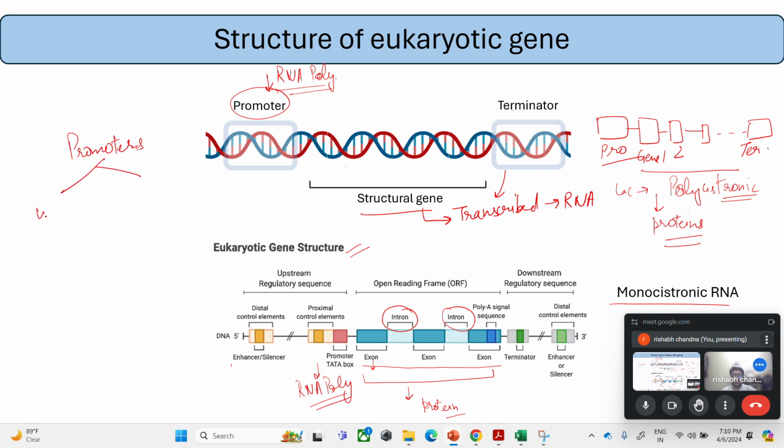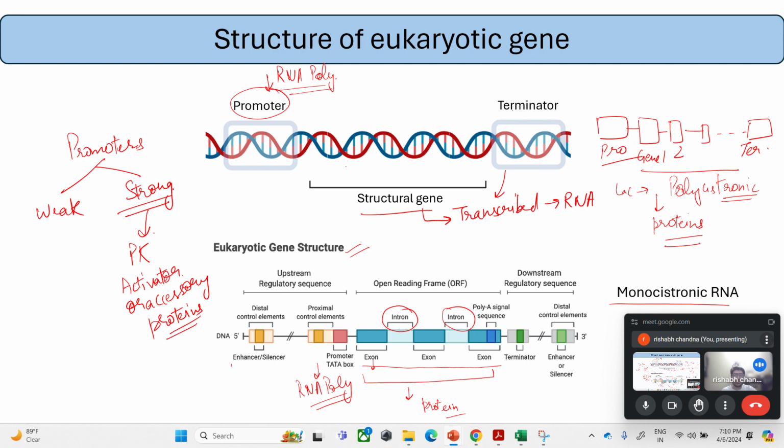One is the weak promoter and the other is a strong promoter. The strong promoter is generally present in prokaryotes, where it does not need any activator or accessory proteins to help in the transcription.